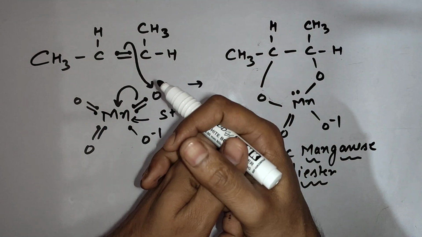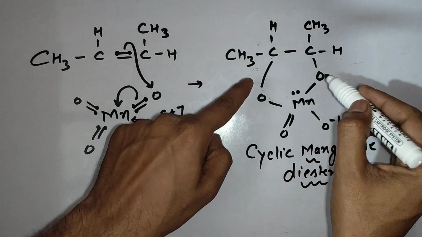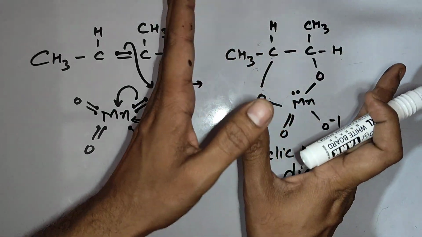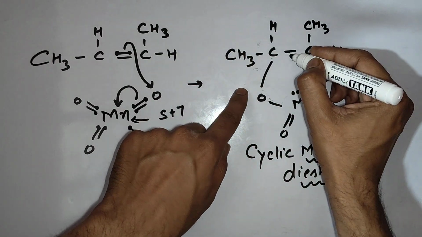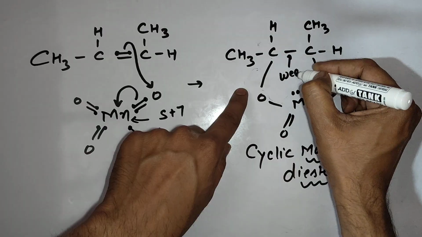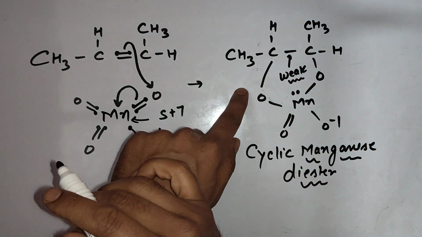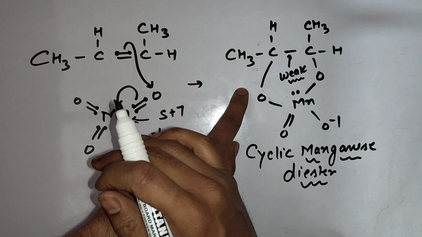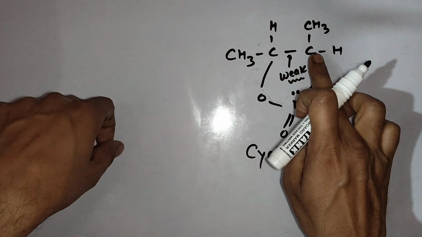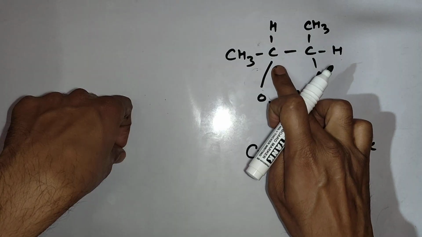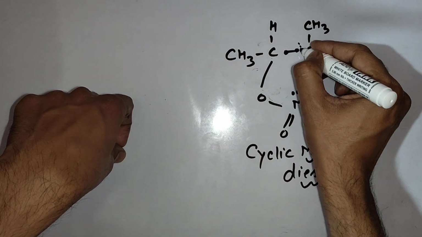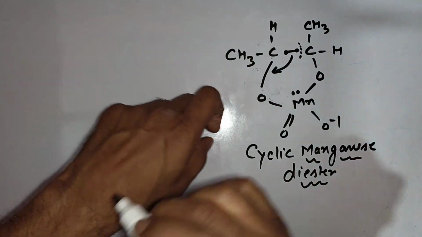In hot conditions and highly acidic medium, what will happen? This cyclic manganese diester, you can check, is a crowded cycle, due to which there is a pressure on this bond and this bond is getting weaker. So it will start to break. How? Like this.